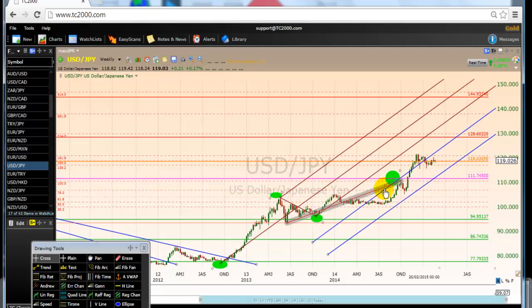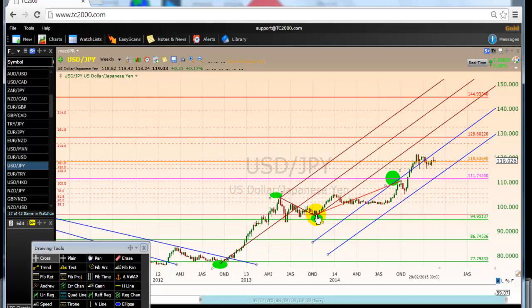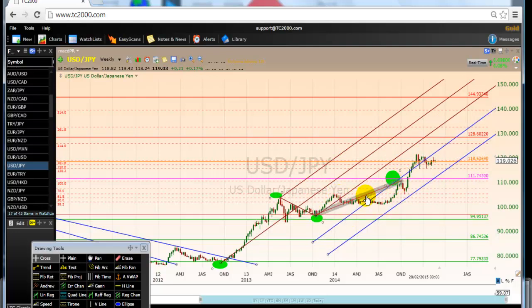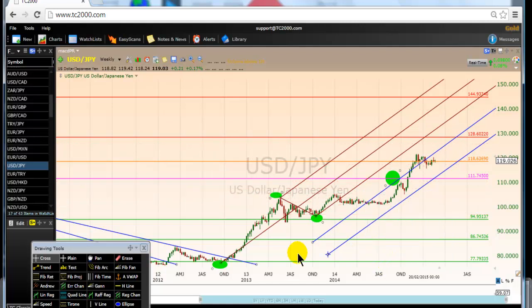Similar to this one also, a 161.8% Fibonacci extension zone, which is a hidden resistance level corresponding to the zone of the short-term equilibrium price level.